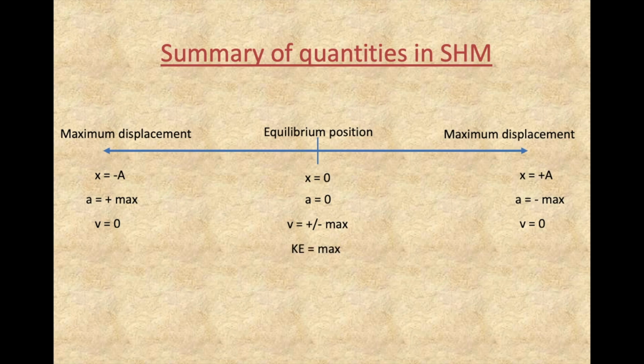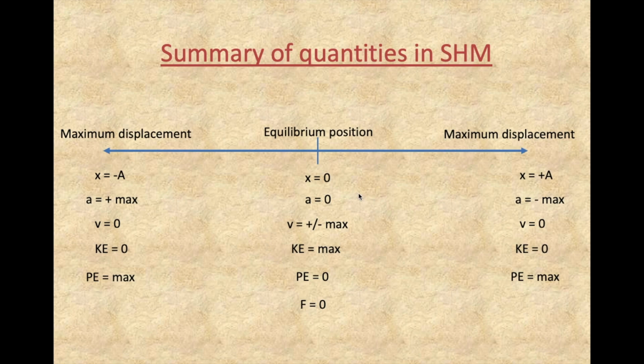Following from velocity, obviously when velocity is maximum, kinetic energy is maximum, which is at the equilibrium position, and likewise at maximum displacements, kinetic energy is 0. Following from that, conservation of energy, where kinetic energy is maximum, elastic potential energy is 0, hence at maximum displacements, potential energy reaches a maximum value. At equilibrium position, restoring force should be 0.